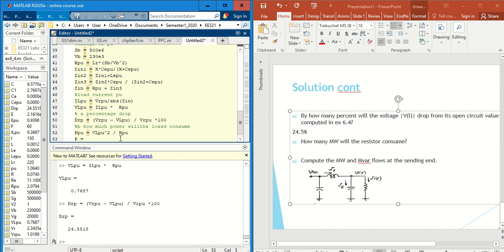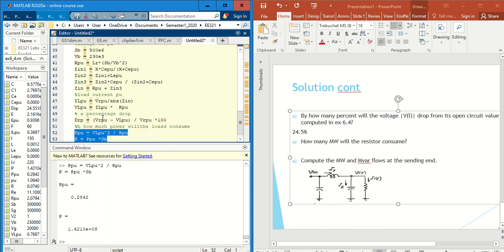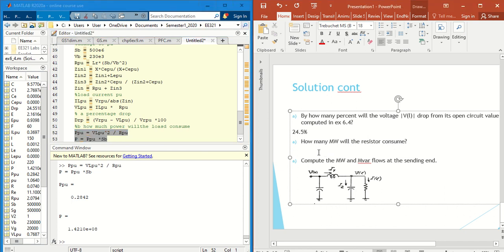So to know the power, you say P per unit times the S base. So it is about 142 megawatts. Yes, 142 megawatts. If you shift this 1, 2, this becomes 6, megawatts.